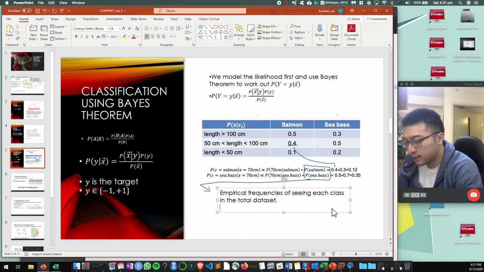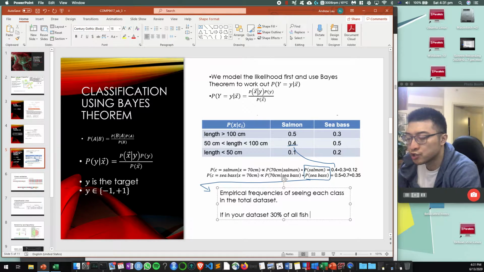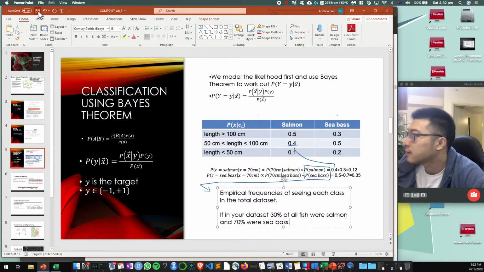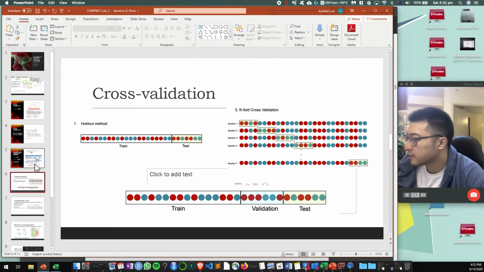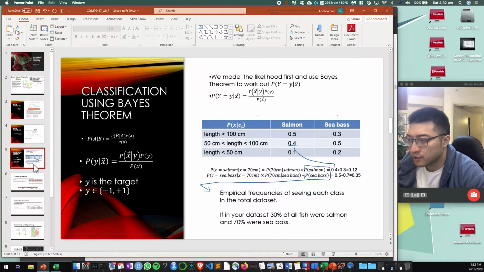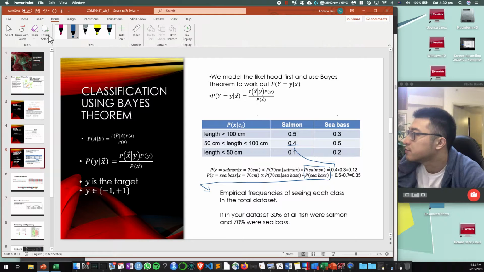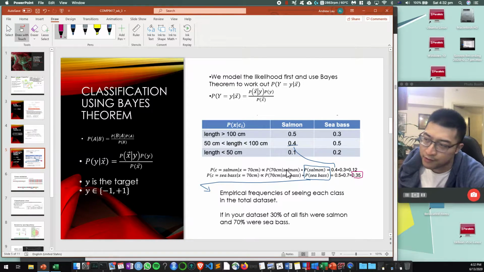So for example, if in your data set 30% of all fish were salmon and 70% were sea bass, then you do something like the following. What you do then is multiply it out and find out which one is higher, and that would be your selection as to the predicted class. In this case, we'll go with sea bass because of the evidence that we've seen.